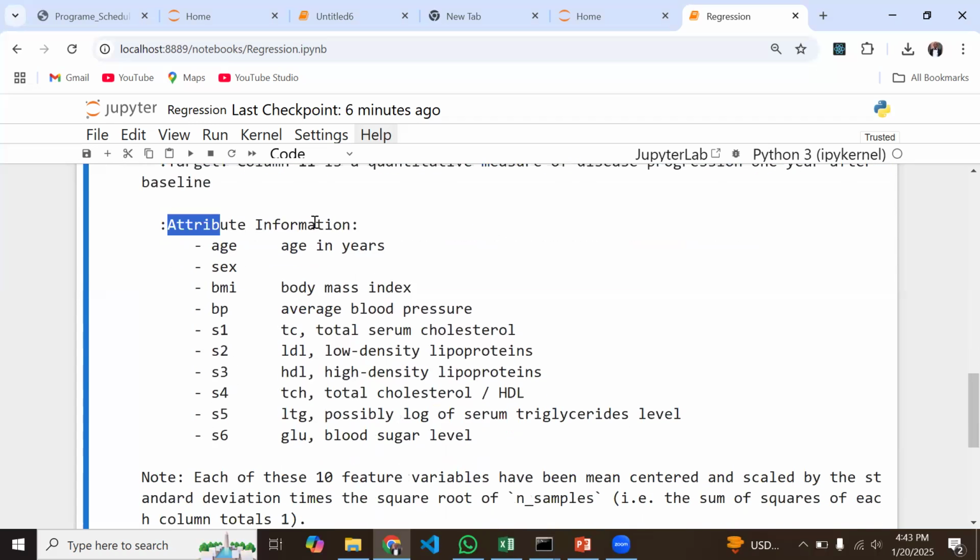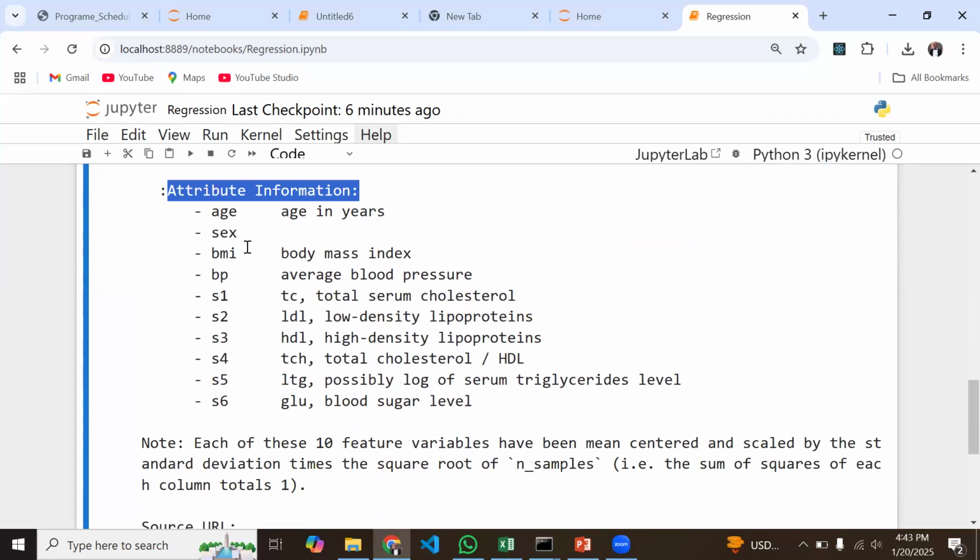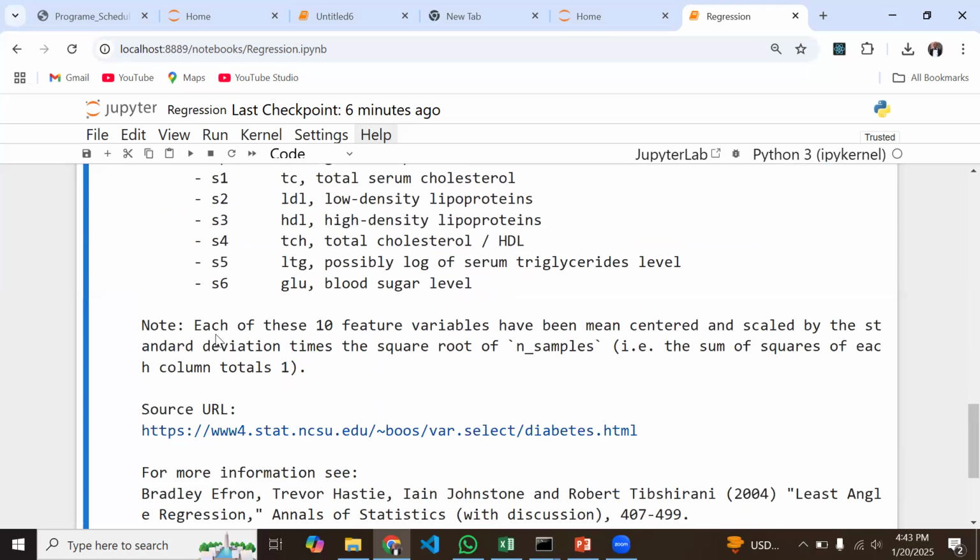So we see that these are the attributes information, as we can see over here. So these ones are well noted. Now, each of these 10 feature variables have been mean-centered and scaled by the standard deviation times the square root of n samples, and that is, the sum of squares of each column totals 1.